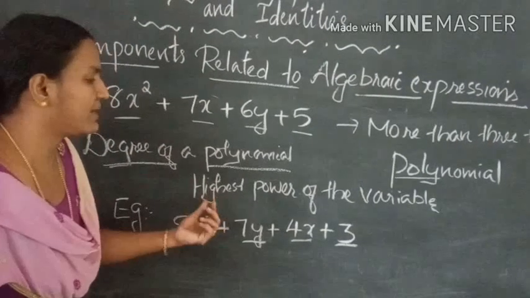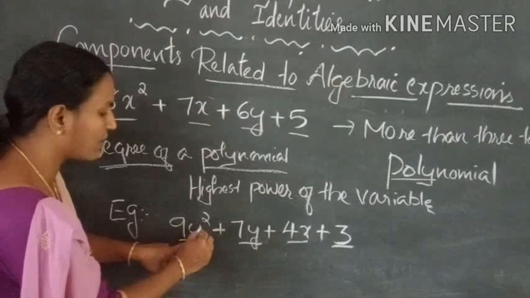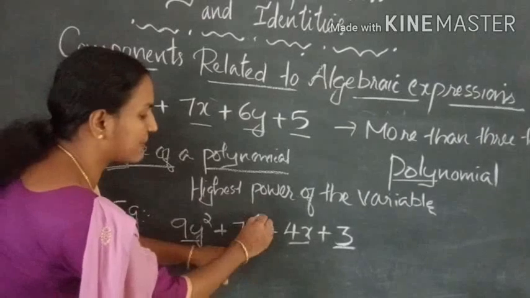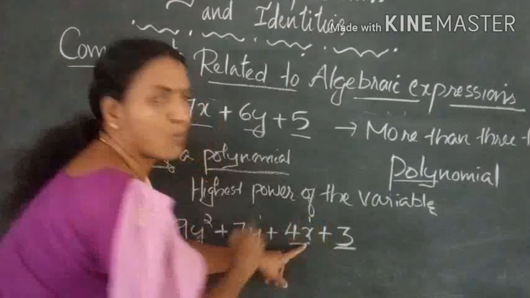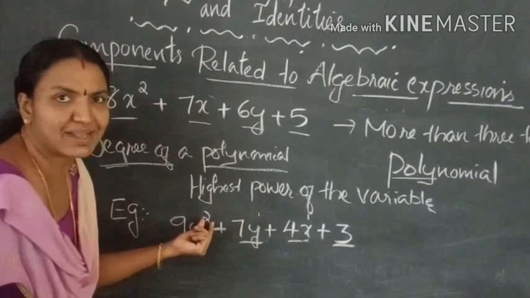Degree of a polynomial means the highest power of the variable. Here for the variable y, the power is 2. For the variable y, the power is 1. Here for the variable x, the power is 1. So the highest power is 2. 2 is the highest power.